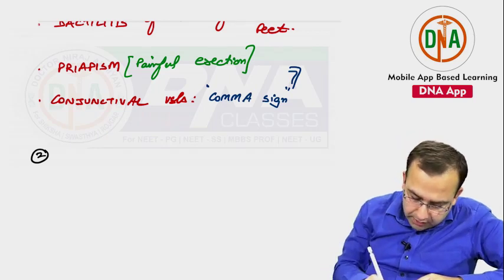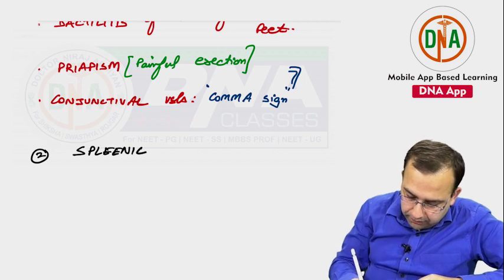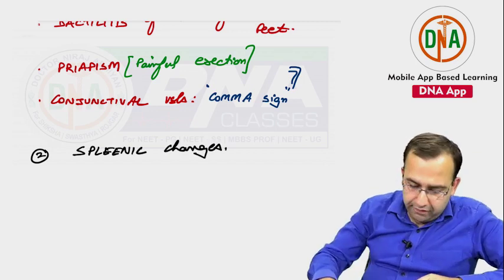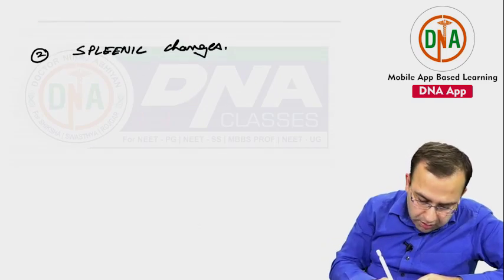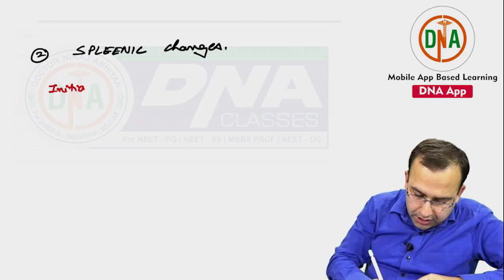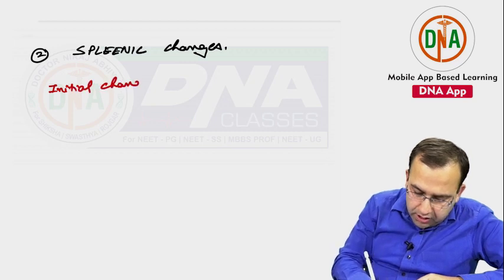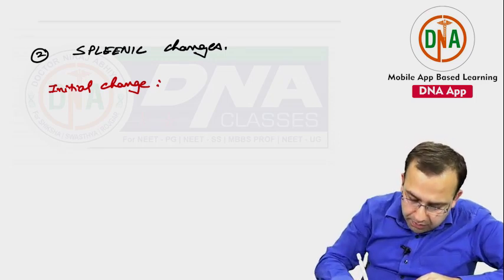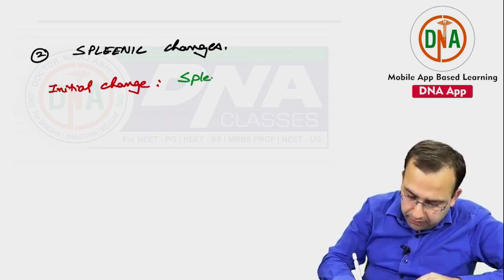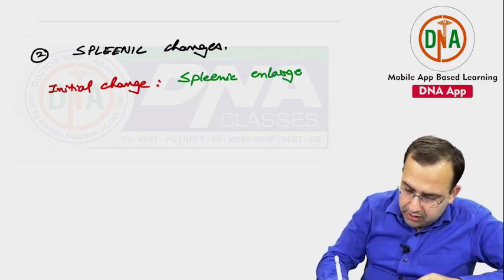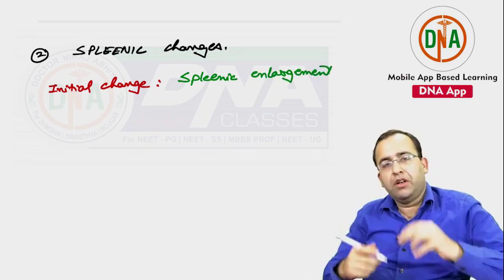The next clinical feature is splenic changes. First point, the initial change seen in spleen is splenic enlargement.